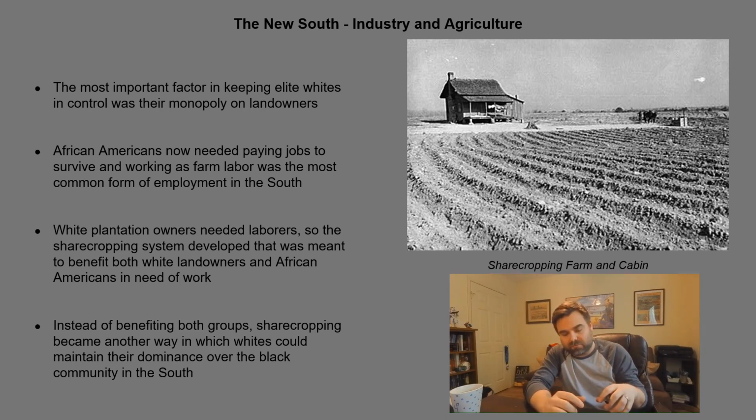And so what you're going to see early on is this scramble to control economic power and to control economic security in the South based upon the idea of land ownership and agriculture.